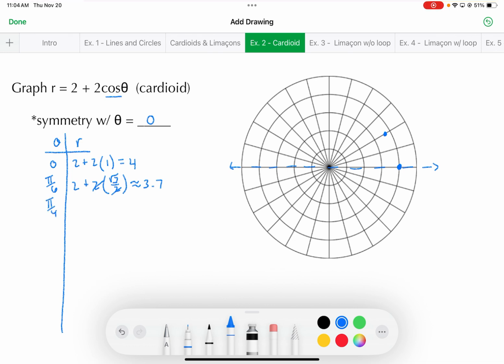Let's do pi over 4 next. That's 2 plus 2 times radical 2 over 2, which will simplify to 2 plus radical 2. That's approximately 3.41. Right about there.